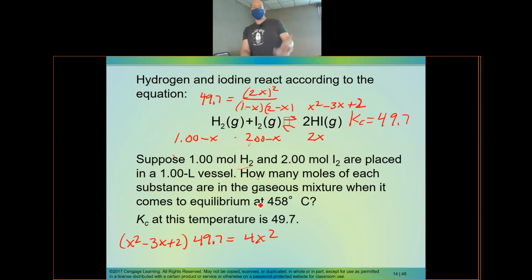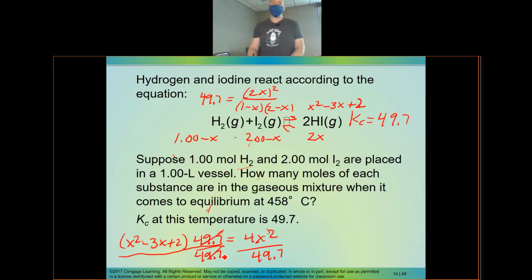Your other choice here, instead of distributing your 49.7 and giving you such large numbers, is what they opted to do: divide both sides by the 49.7, which is absolutely fine. So the 49.7 here is gone.